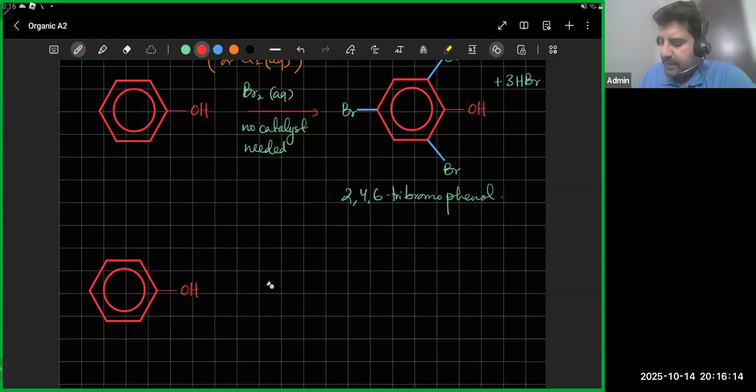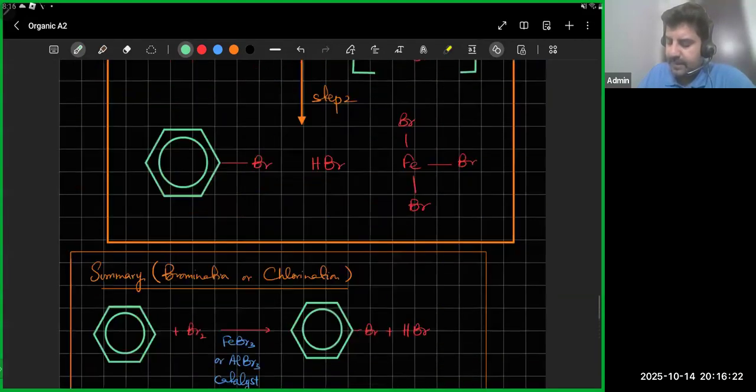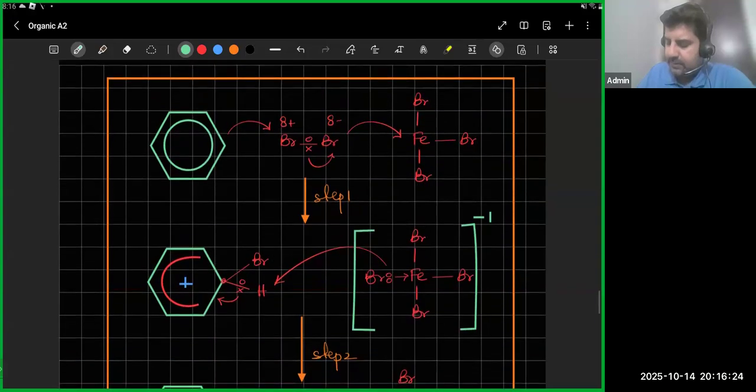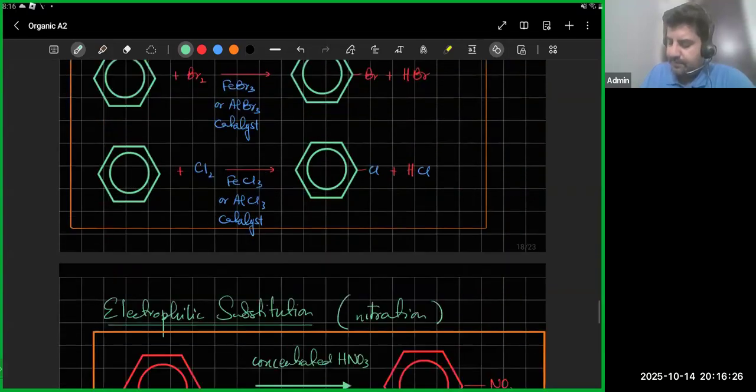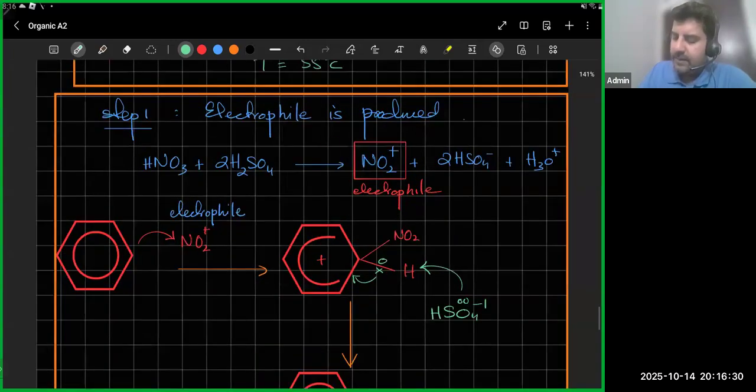Except nitration, what's going to happen with nitration is that you can either use, remember the previous nitration of benzene. If you go back, so this was bromination. When we did nitration, there was a reaction first where concentrated sulfuric acid had to be added, and you had to add nitric acid, and the NO2 plus 1 electrophile had to be created first.